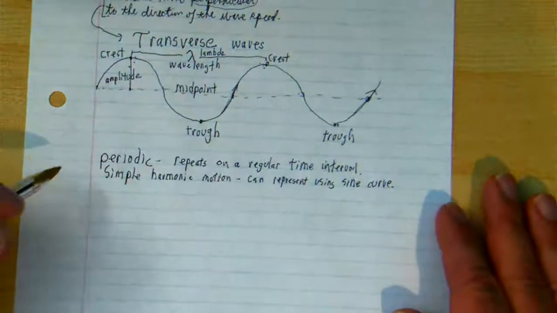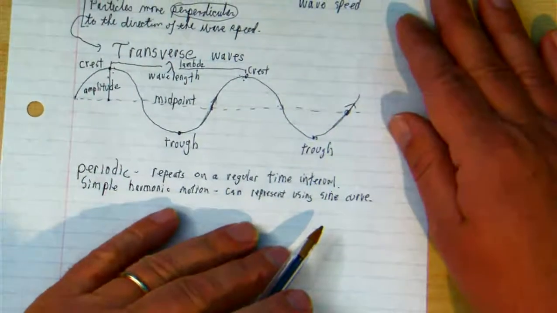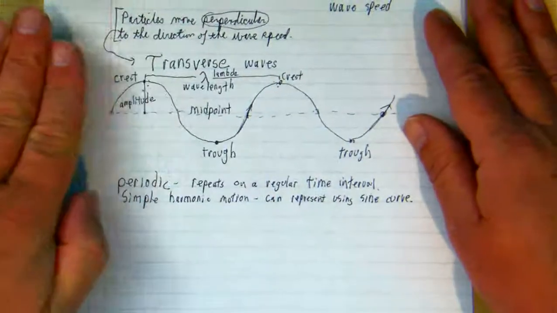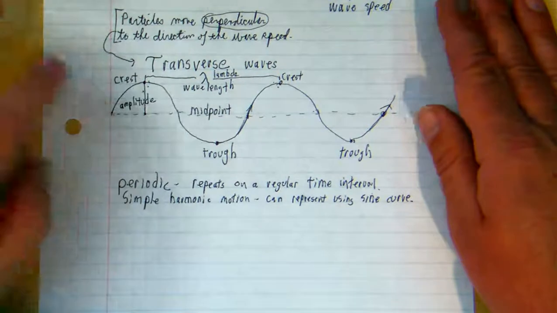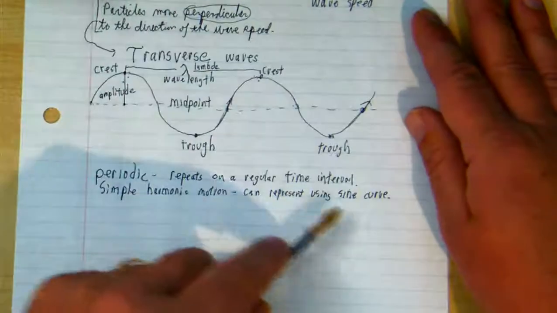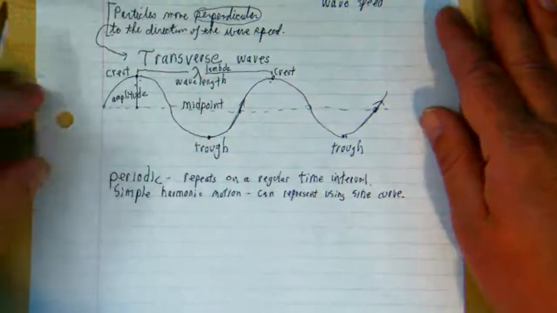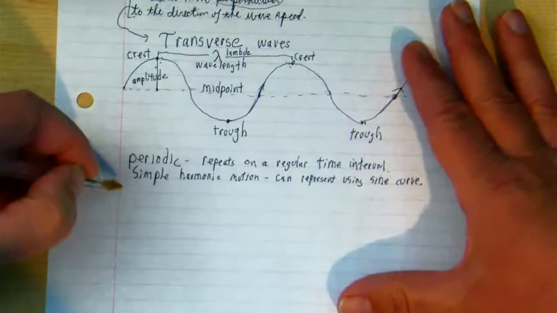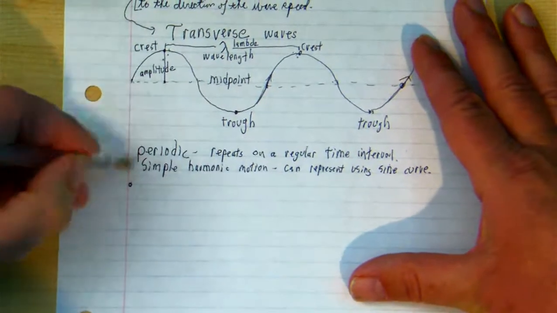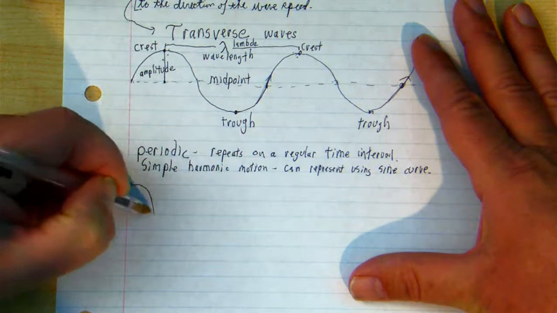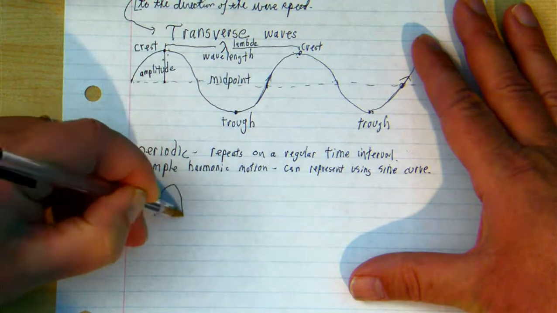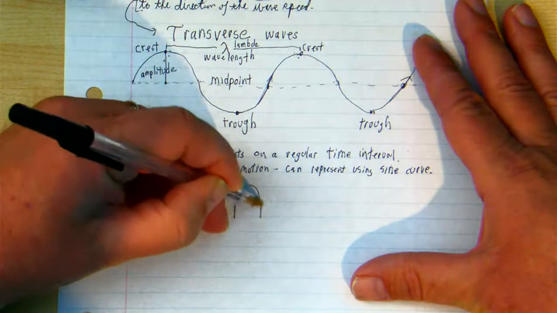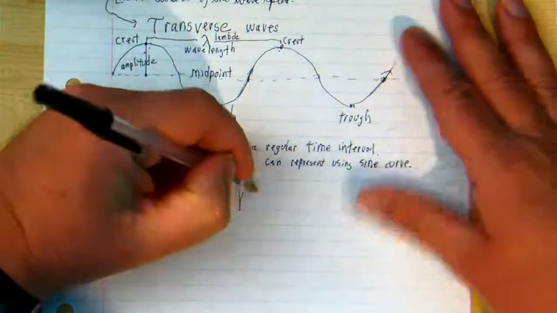By the way, a sine curve from mathematics is the same thing as a cosine curve that just starts at a crest instead of at a midpoint. So you could put sine or cosine curve. So I have a ball and it bounces, bonk, goes up, bounces, bonk, bonk. Here's a bouncing ball.